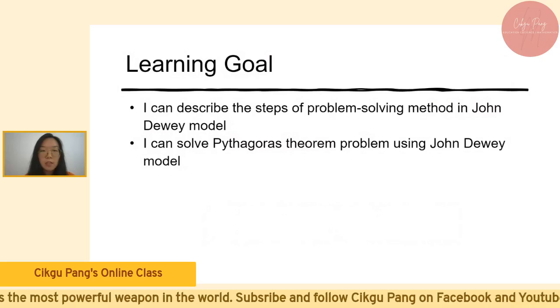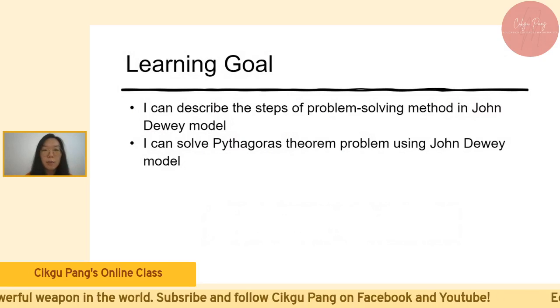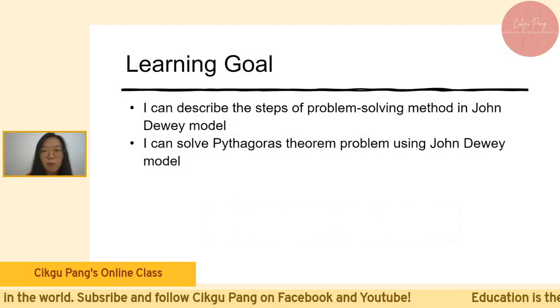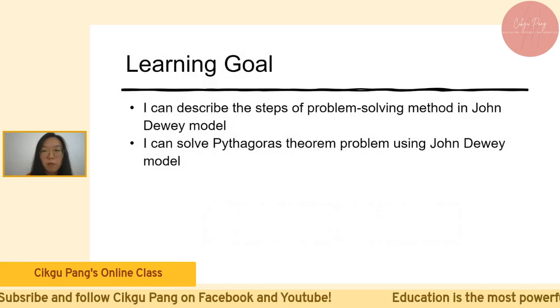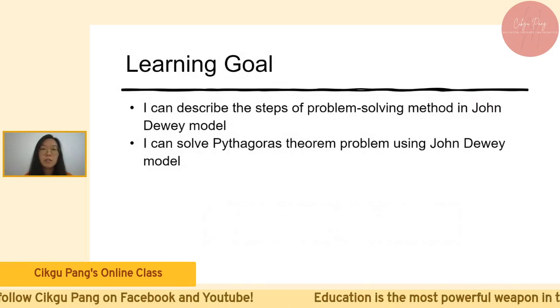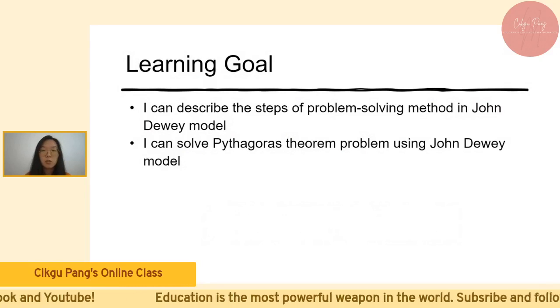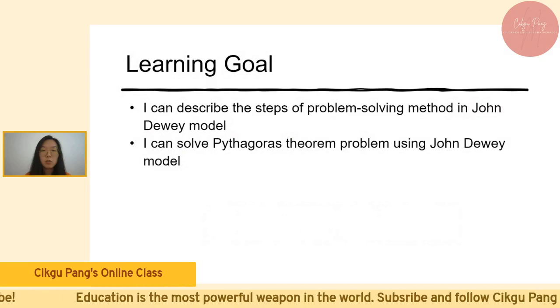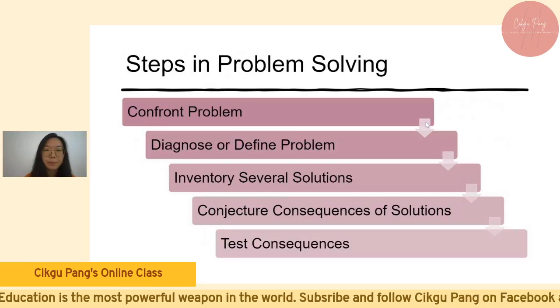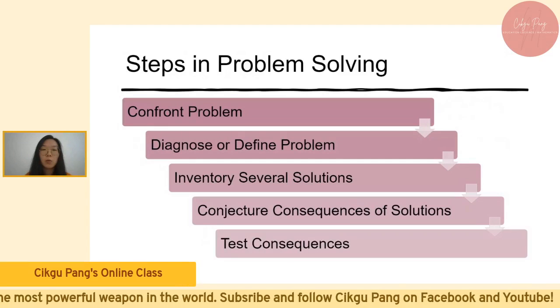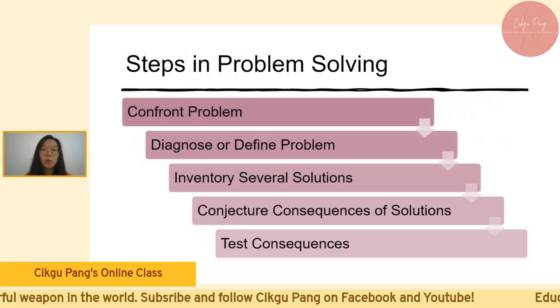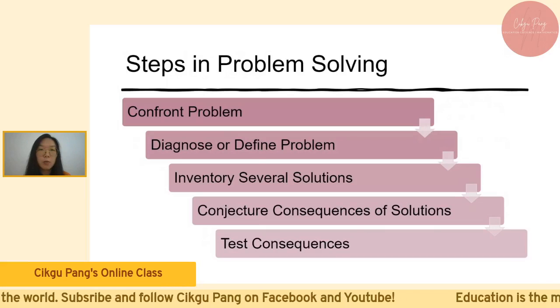The first learning goal is after this class, you should be able to describe the steps of problem solving method in John Dewey model. And the second learning goal is to solve the Pythagoras theorem problem using this John Dewey model.